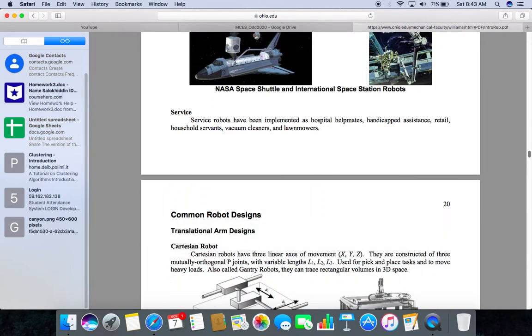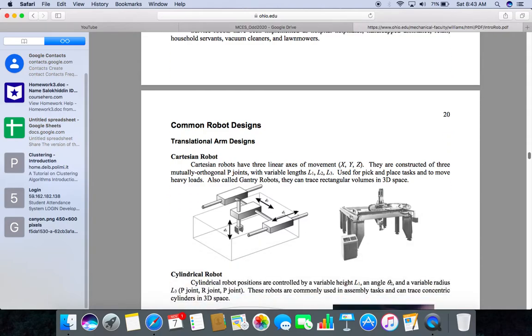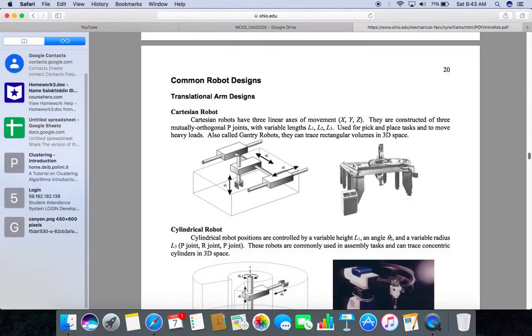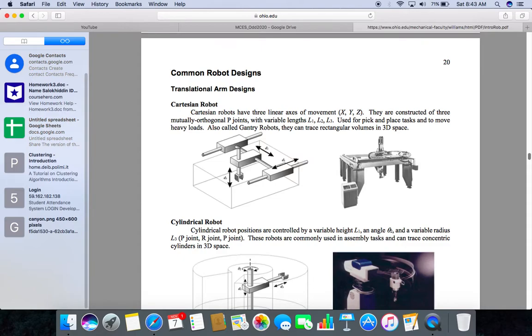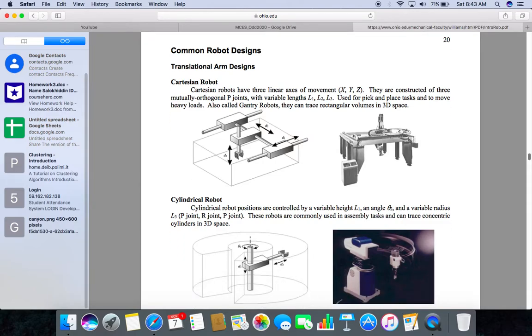Common robot design. Translational arm designs. Cartesian robot. Cartesian robots have three axes of movement x, y, z.